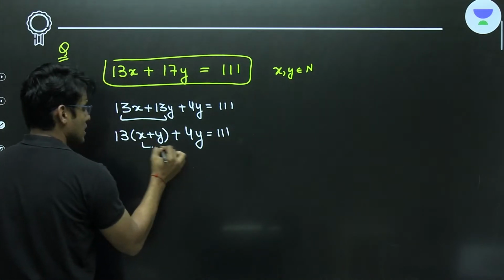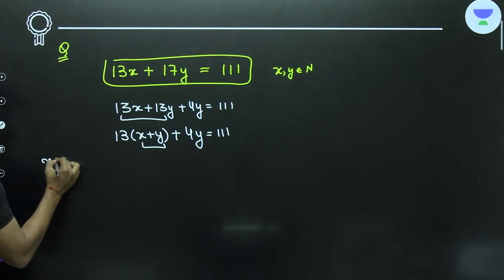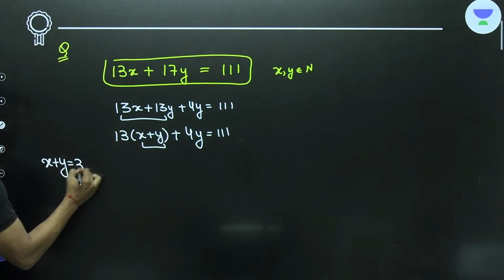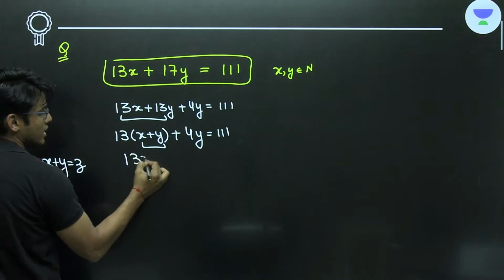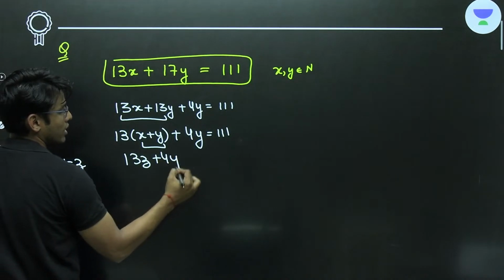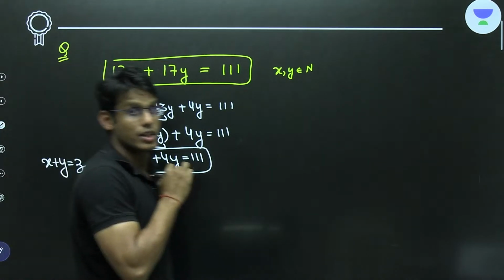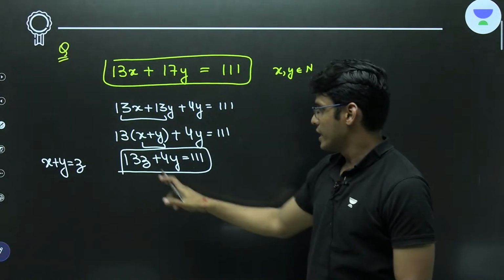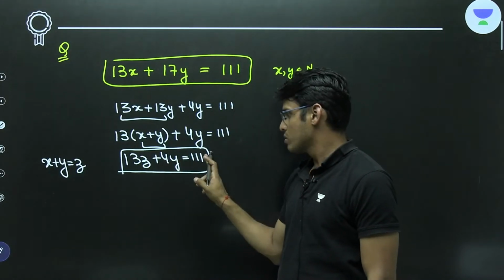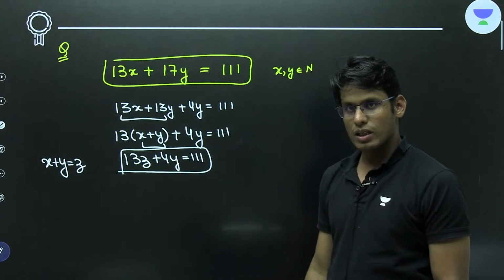Now replace this x plus y with another variable, z. 13z plus 4y equals 111. Now this is interesting. 13 times z plus 4 times y equals 111, right?